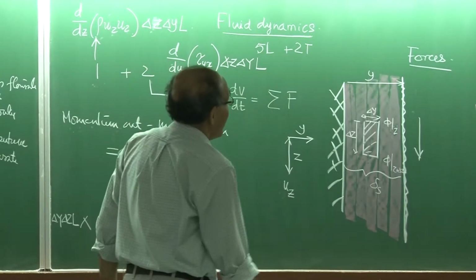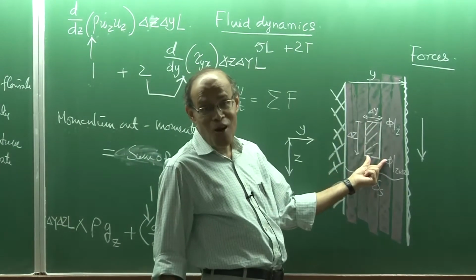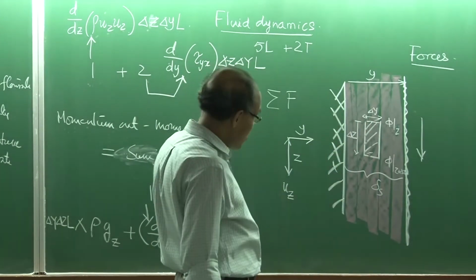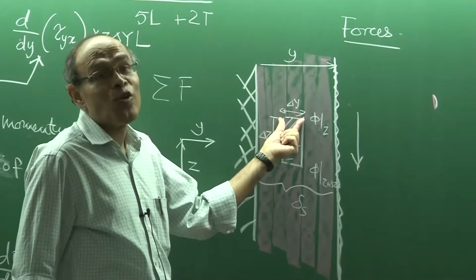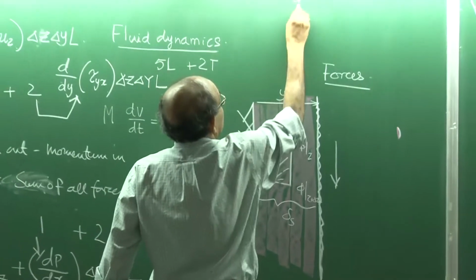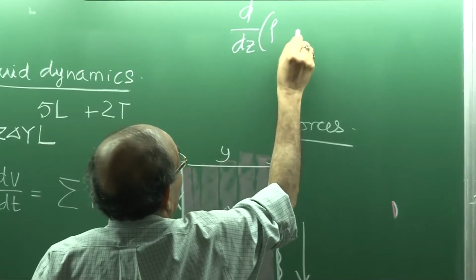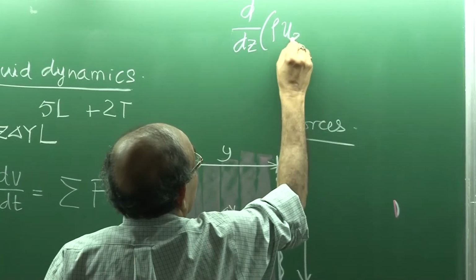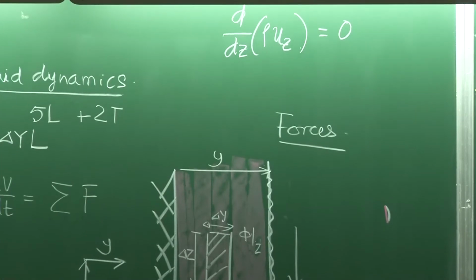So therefore I can say that if we again do the same, mass going out minus mass coming in, then what we are going to get is an equation something like rho times uz times, is equal to 0.